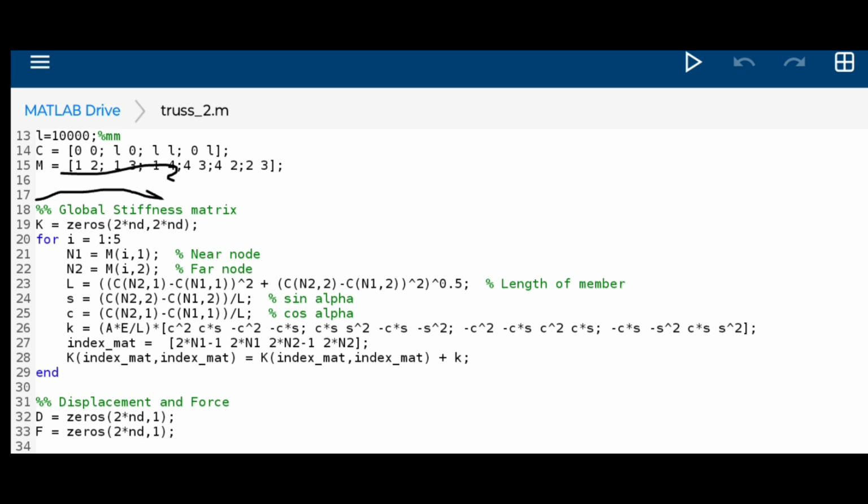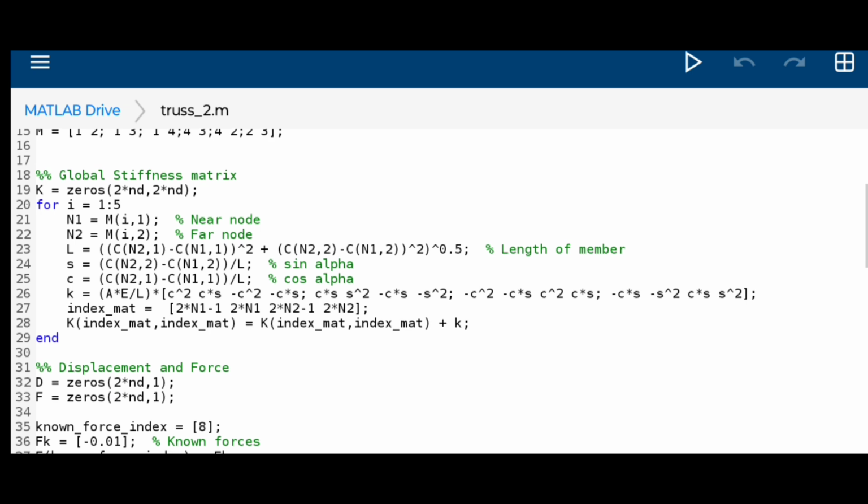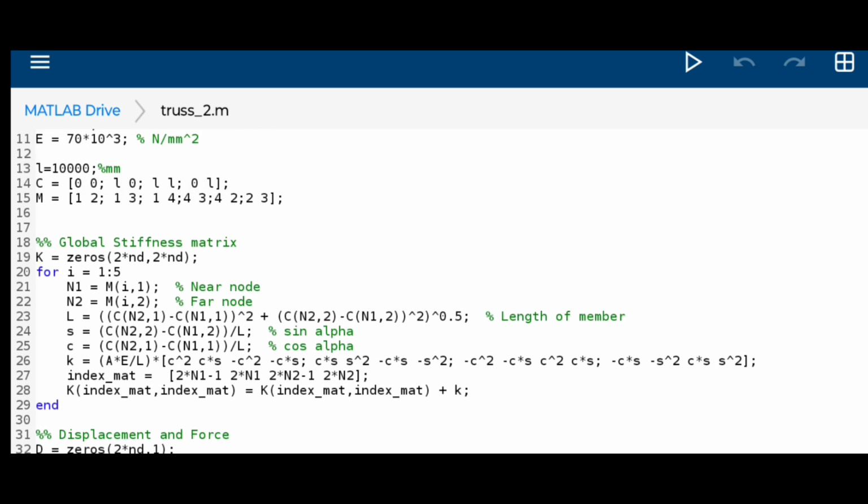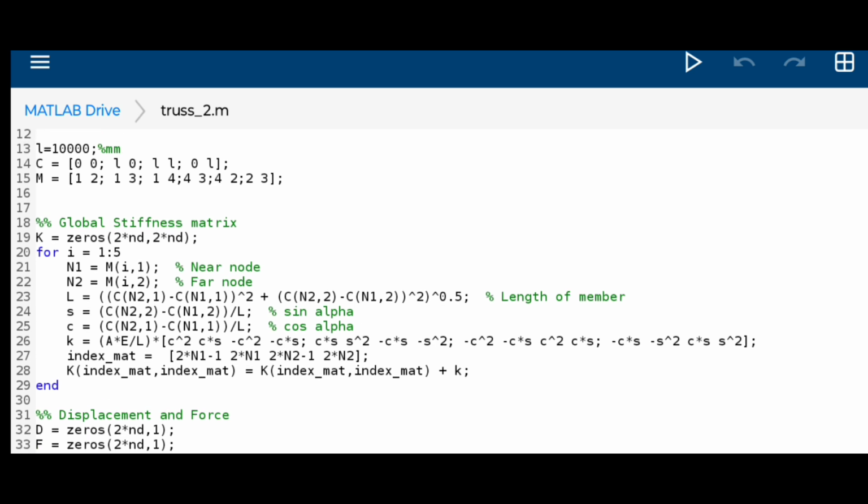Now this will help us very much. We have these nodal locations, and we have the coordinates of each node. From the nodal location we will get the coordinates of each node, and these coordinates will help us get the length of the member. So this is C n2 1. We know that n2 is 2 for the first iteration, so C 2 1.